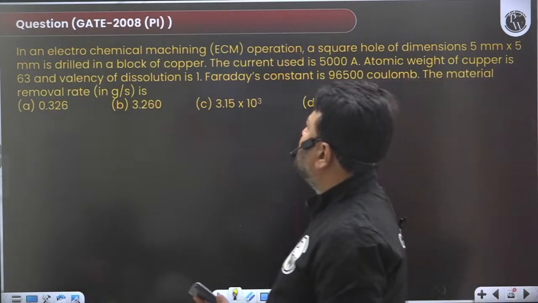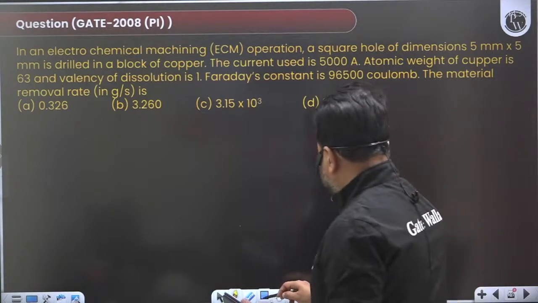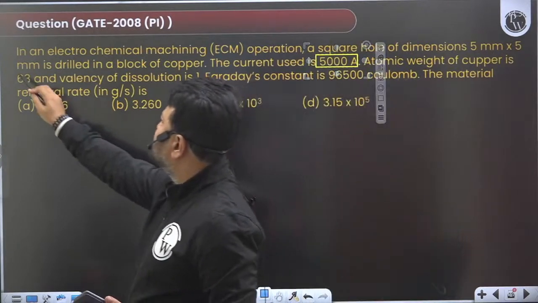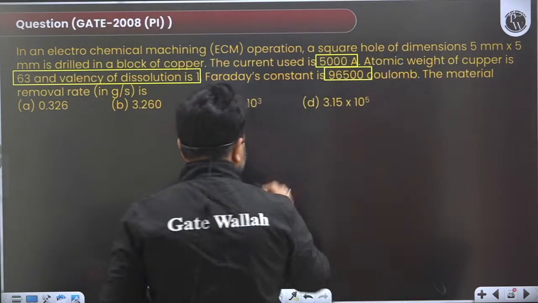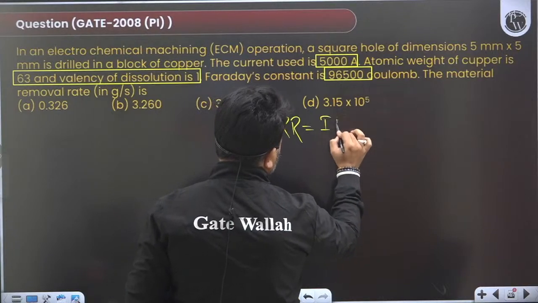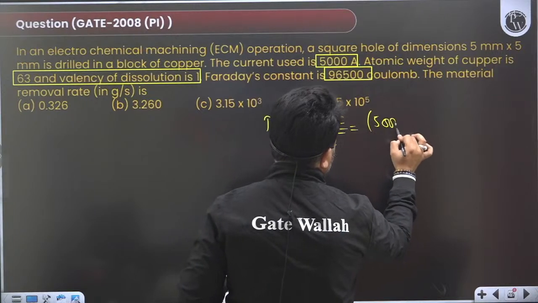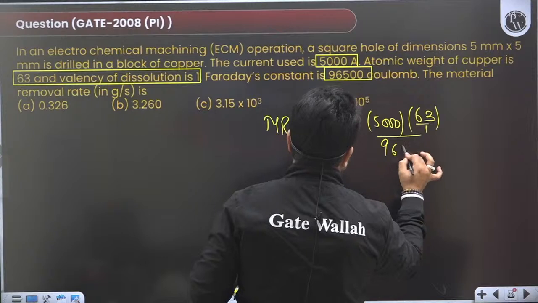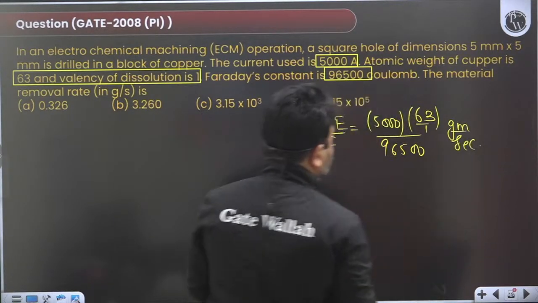Now, in an electrochemical machining operation, the current used is 5000 ampere. Atomic weight of the copper 63, valency of dissolution 1, Faraday constant 96500. The material removal rate is I E divided by F. I is 5000, E is 63 divided by 1, over 96500 gram per second.